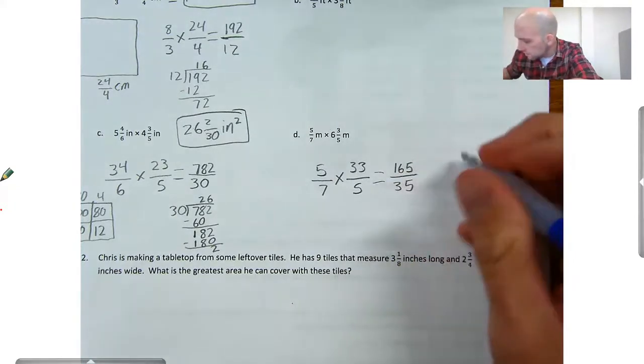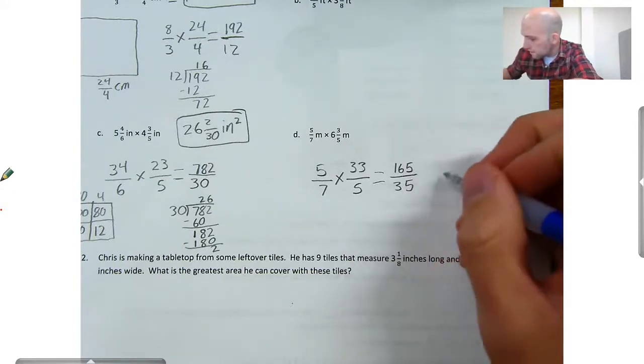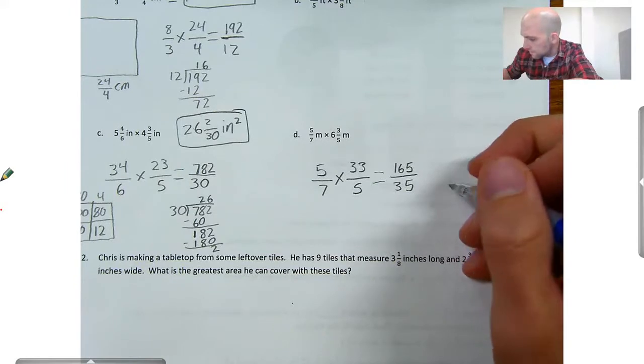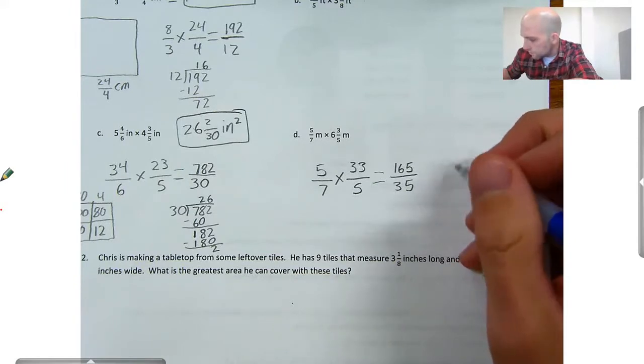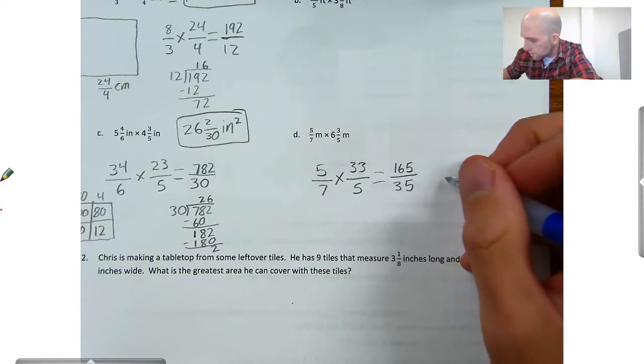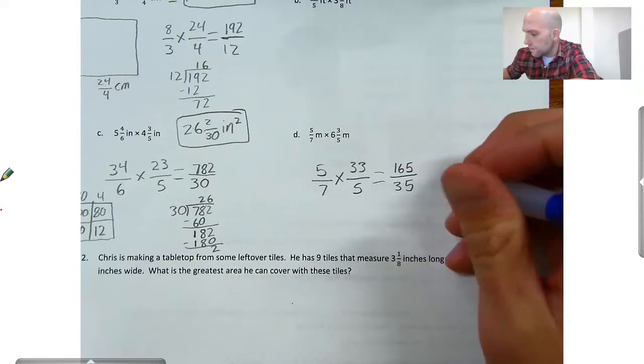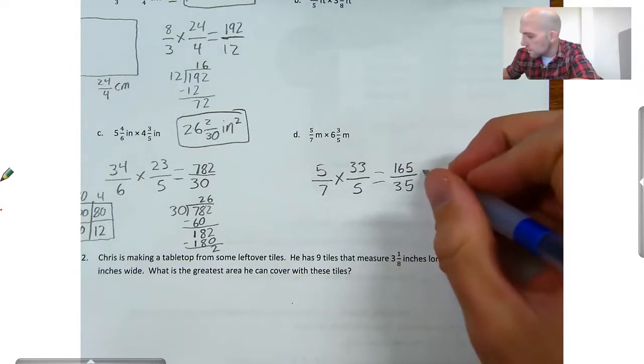Let's see, we'll do 35. 35 times 4 would be 140. 140 plus another 35 would be too much.